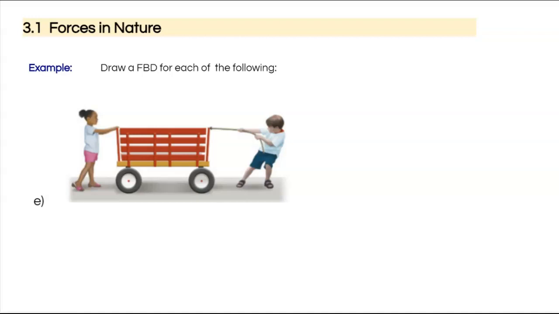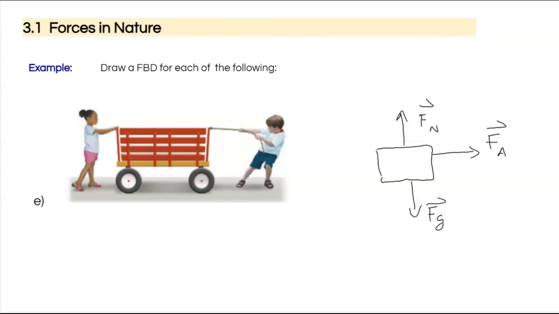Okay, I'm going to take this up. Now again, if you interpreted something different from this diagram, then that would impact what you write. But in this case, we have a wagon being pulled on a horizontal surface. So again, we see the force of gravity being countered by that normal force, so no net force in the vertical direction. And we see this young person who seems to be applying a force to pull it forward.